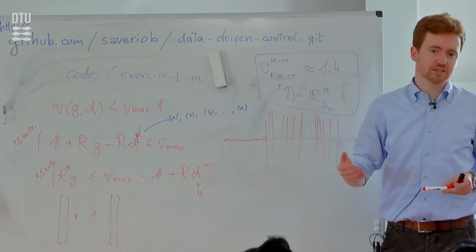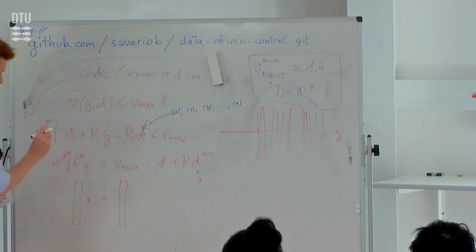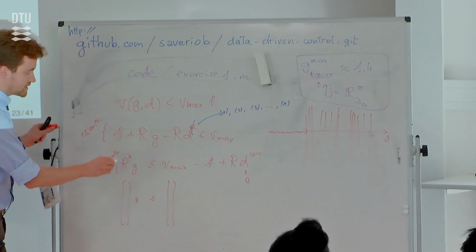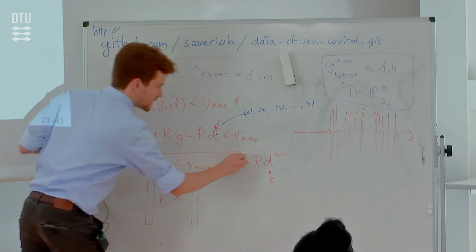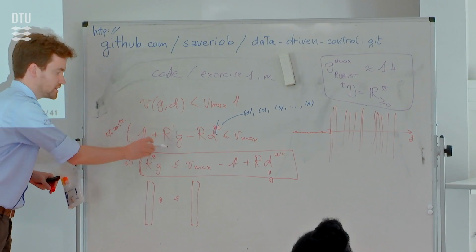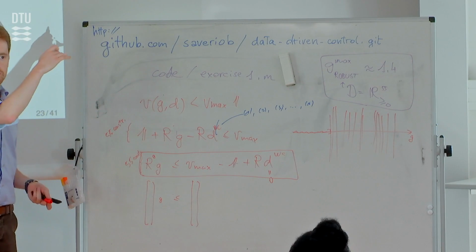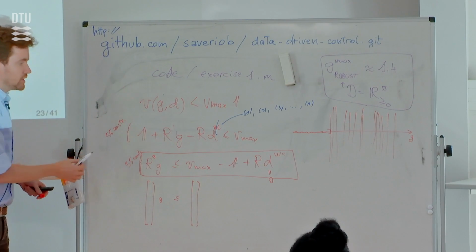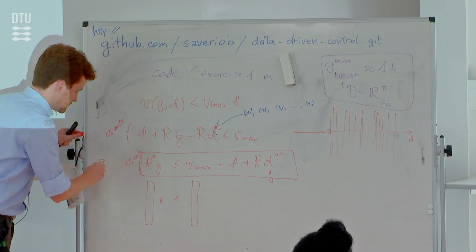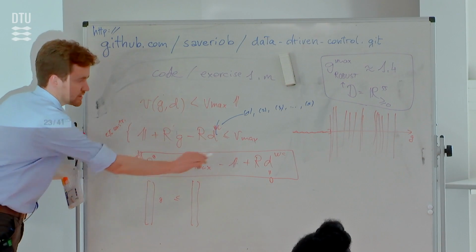Is it the average? Is it the samples, or so on? This means that the only thing you're trying to do is find the largest G that satisfies these equations, or inequalities, because this is a vector, right? These are 55. There is one per voltage. So you need to find the max G such that these are satisfied.